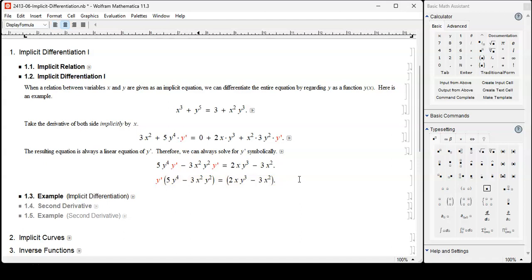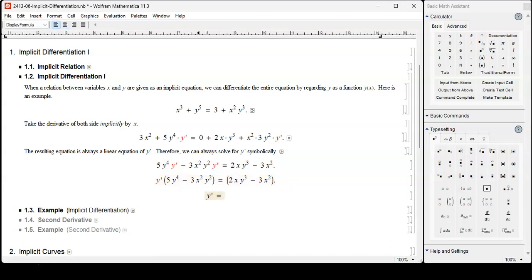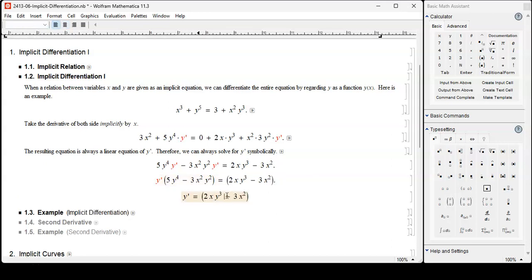Okay, let's go to the final step. We had 2 y primes. Here we have 2 y primes flying around. Here 2 y primes still, but they're all on the left hand side. Now after factoring out, only 1 y prime left. Divide this away, then I'm going to get the answer. y prime is equal to this expression here, divided by the coefficient.